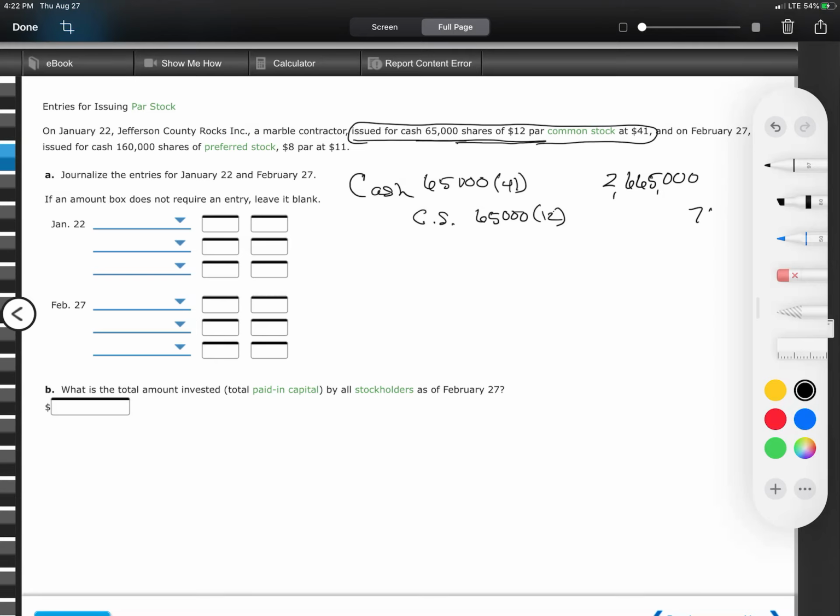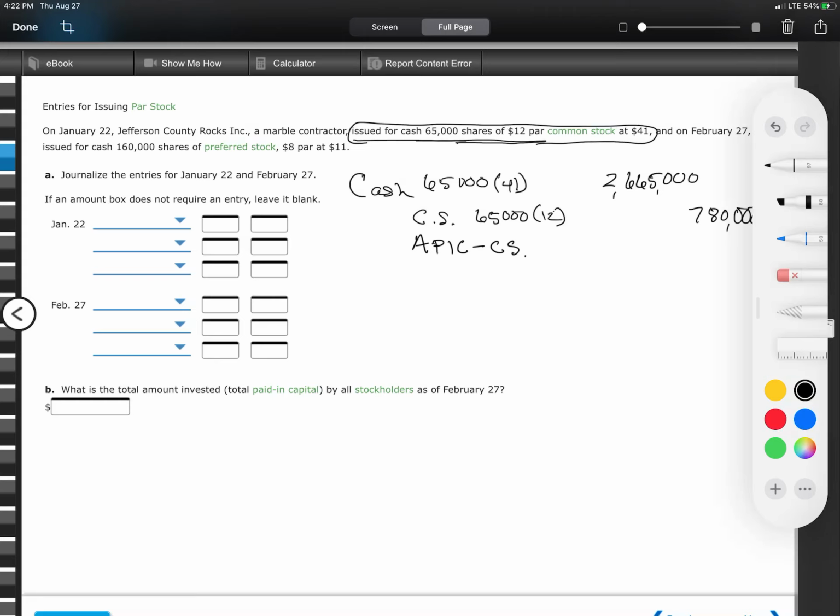I'm running out of space here. We're going to credit common stock always for the amount that is printed on the stock, and that's going to be 780. Now, they paid us extra, and we're going to account for that by putting it in this extra account. I call it APIC hyphen common stock.